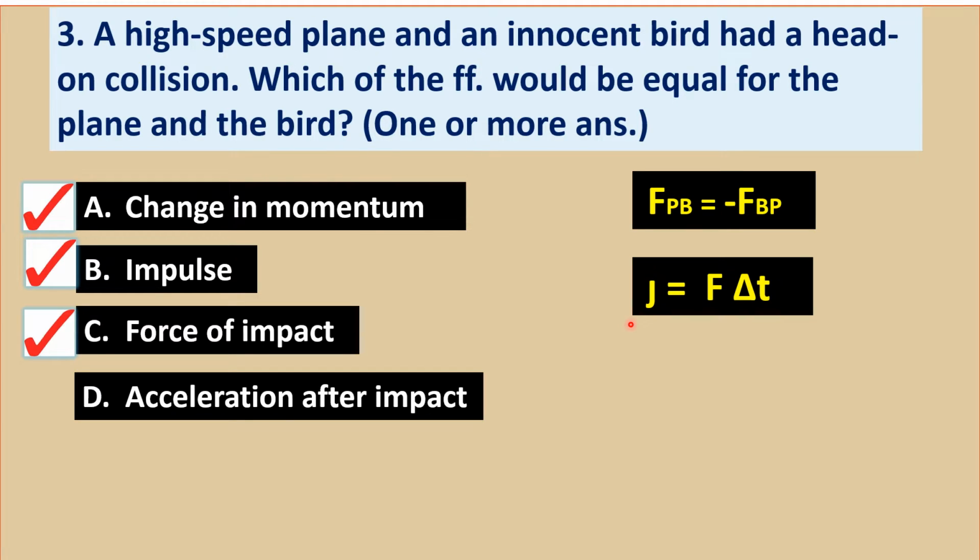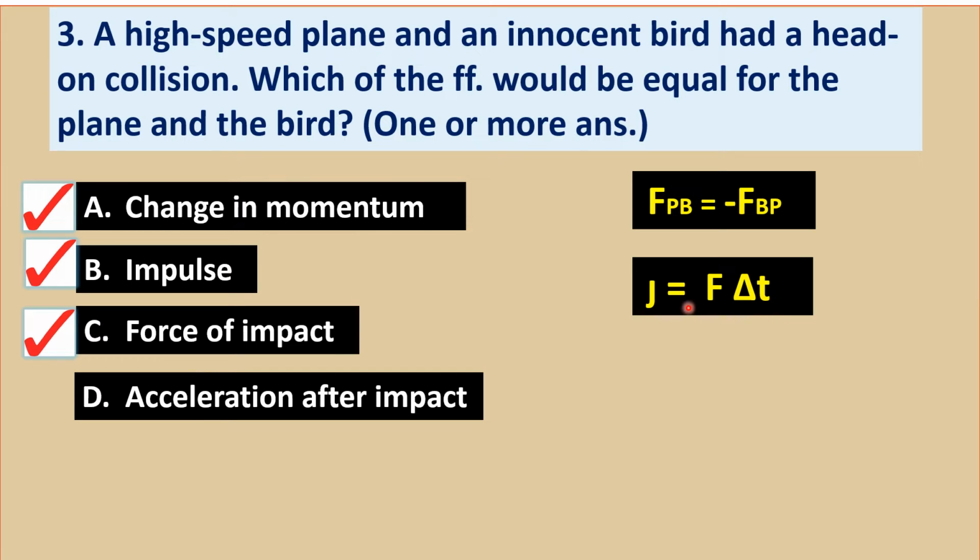Now, how about letter B, impulse? This is the formula for impulse as we stated earlier. Impulse is equal to the product of the force times the change in time, also known as time of interaction.